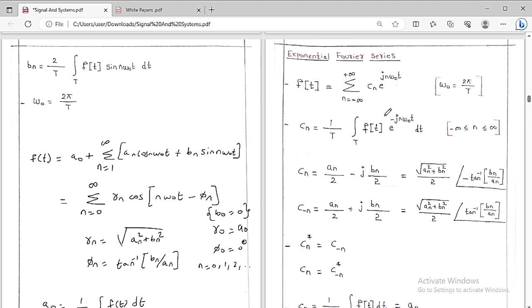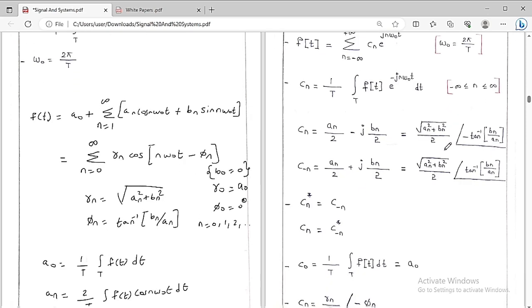So if you see clearly, the periodic signal we are going to represent in the form of exponential terms. The result is called the exponential Fourier series.